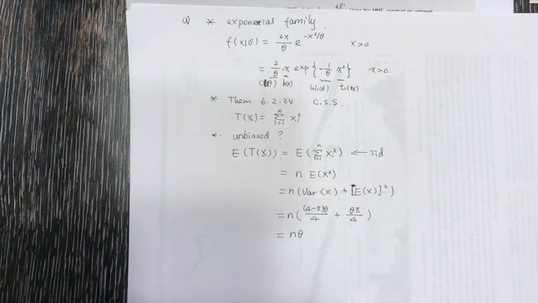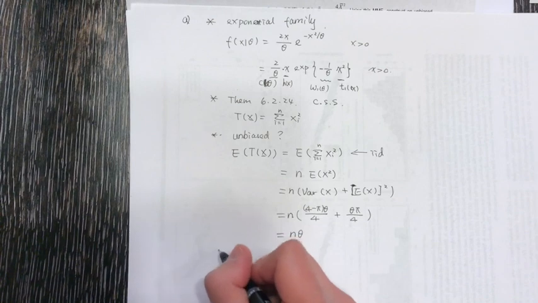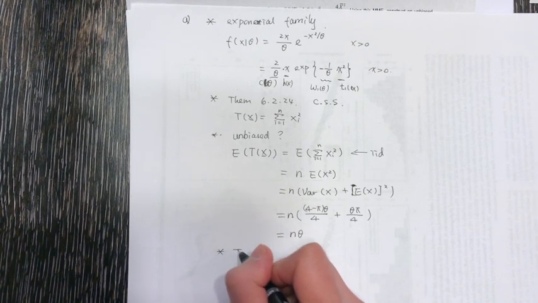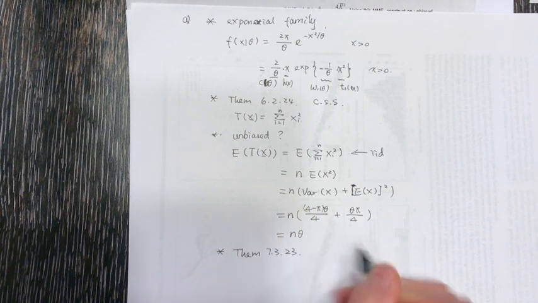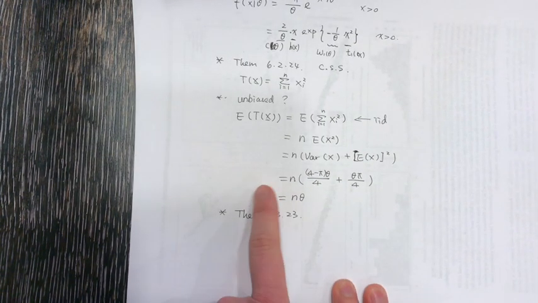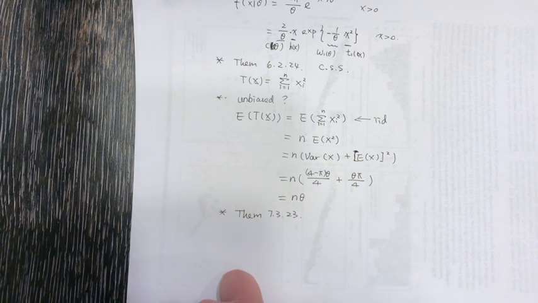But according to theorem 7.3.23, we only need to do a small transformation of this and we can get the unbiased estimator.